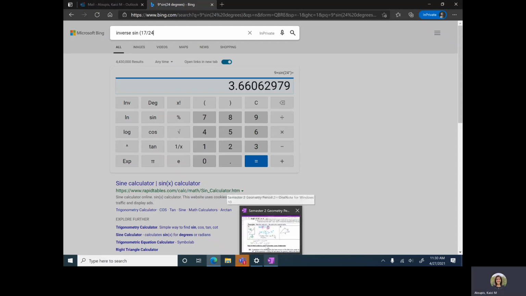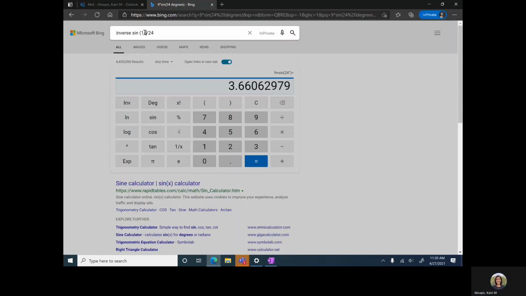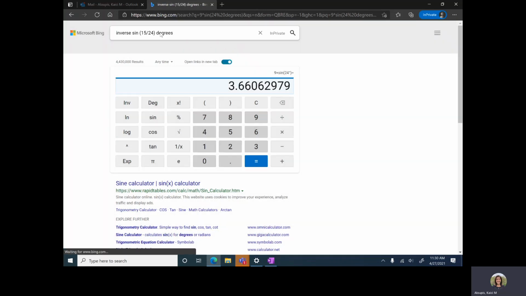No, 15 over 24, and look, I'm going to write degrees. Whenever I'm using my laptop calculator, I always specify degrees because sometimes they assume radians. And we're not measuring in radians, we're measuring in degrees.